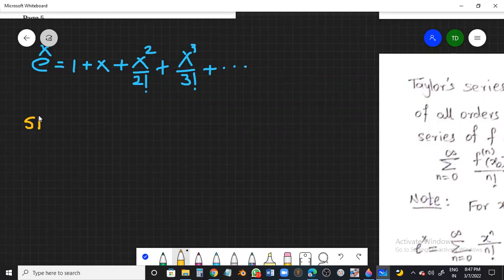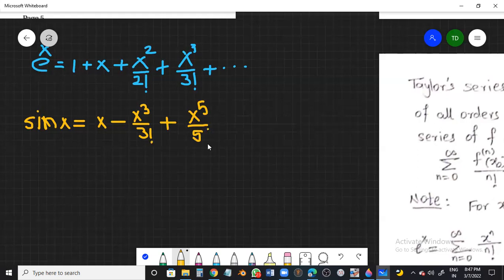So sin of x is equal to x minus x cube upon 3 factorial plus x raised to 5 upon 5 factorial minus x raised to 7 upon 7 factorial plus and so on.